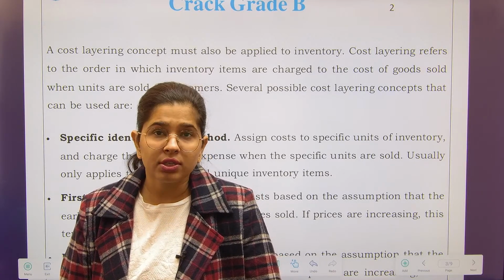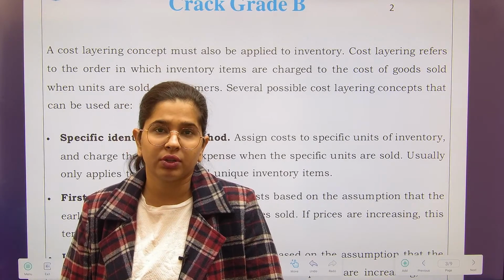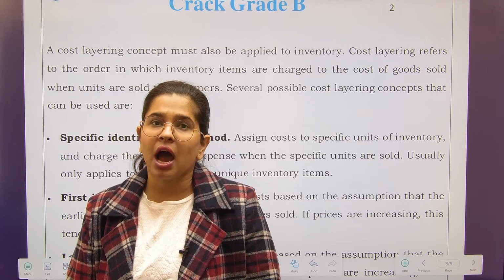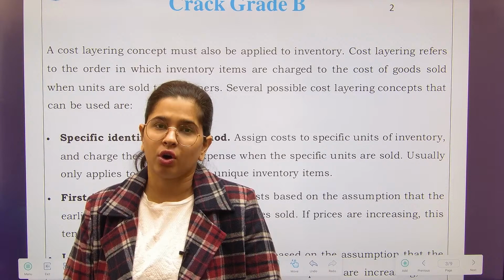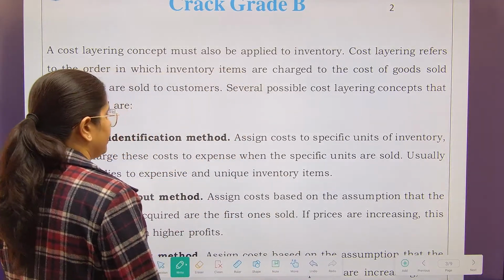So what is the cost that I have incurred in order to sell the 12,000 rupees worth of goods? So cost layering tells you how you should determine the cost. So first of all is the specific identification method.